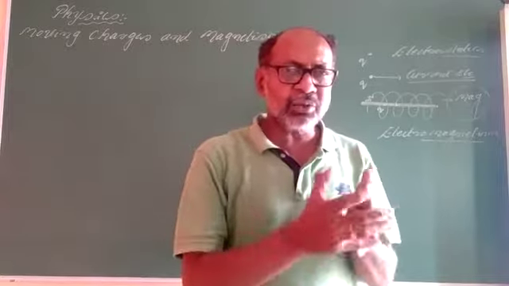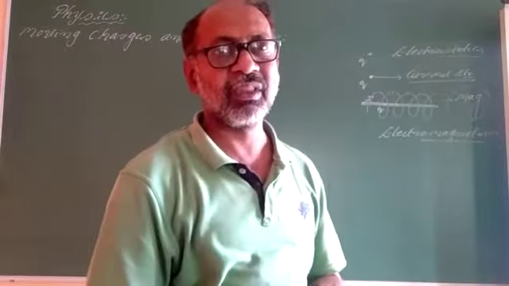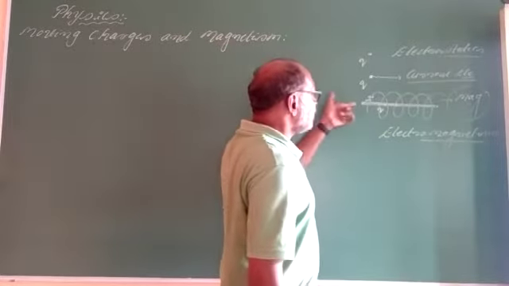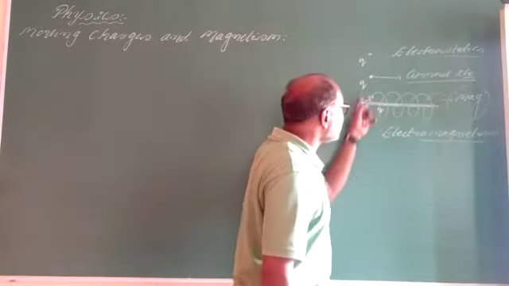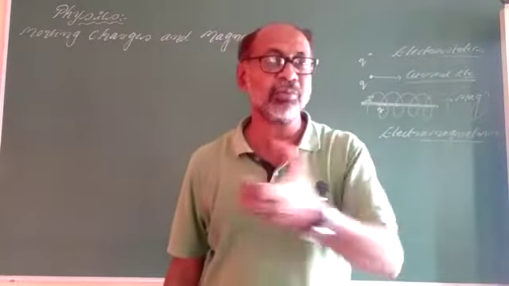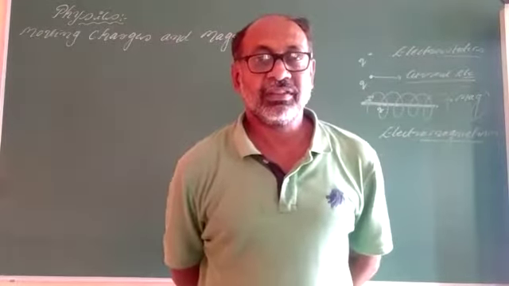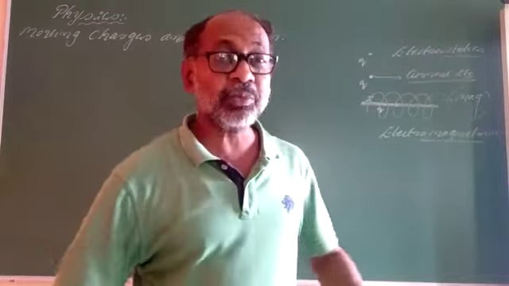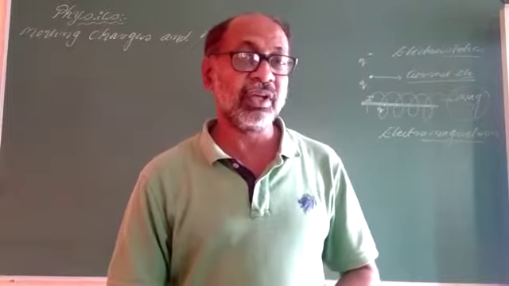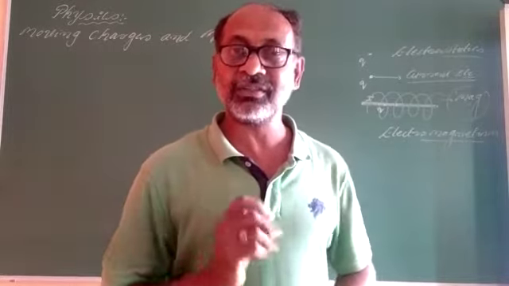Here we see how, when moving charges are there, there is a magnetic field around that particular conductor. We can study this with the help of one simple experiment conducted by Christian Hans Oersted.